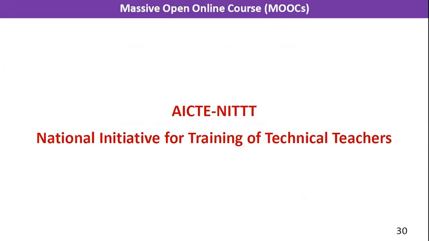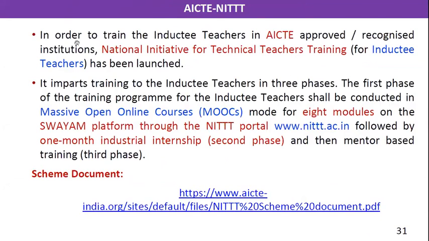I will continue with the second category, AICTE NITT, National Initiative for Training for Technical Teachers. See here, in order to train the inductee teachers, here are two important terms, aspirant and inductee.